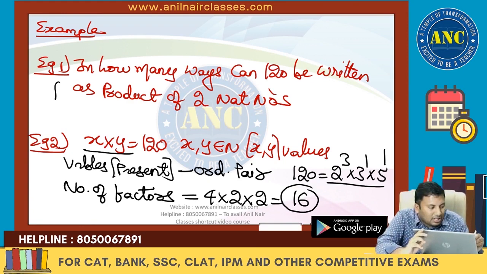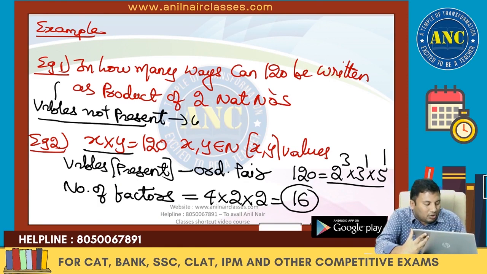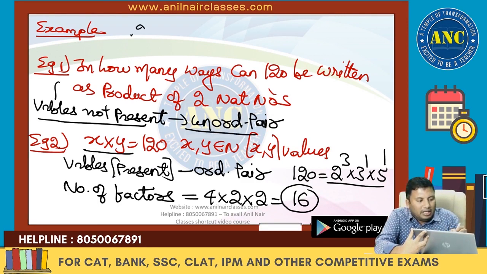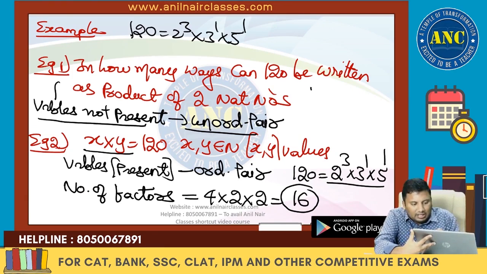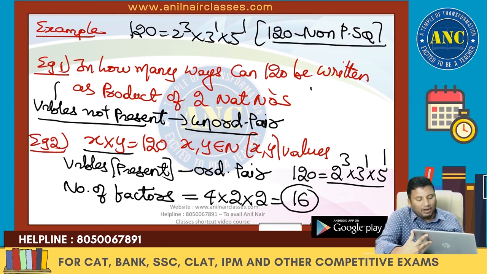Here variables are not present in the question. If variables are not present in the question, then it is an unordered pair. 120 is nothing but 2 cube into 3 power 1 into 5 power 1, and the number is a non-perfect square.